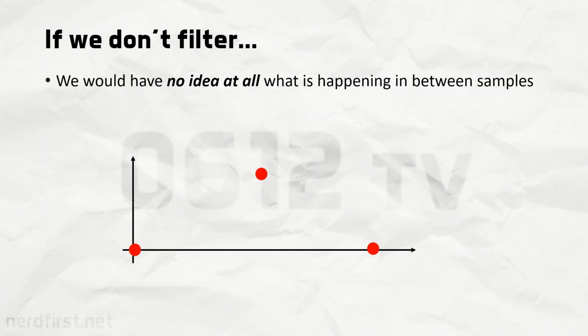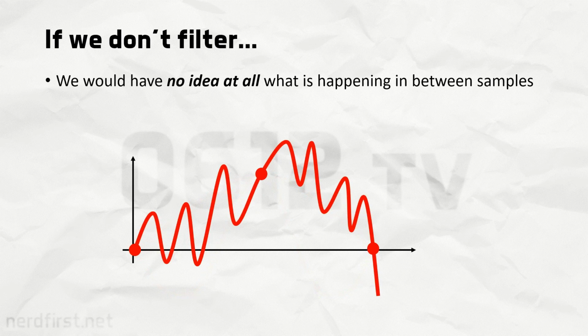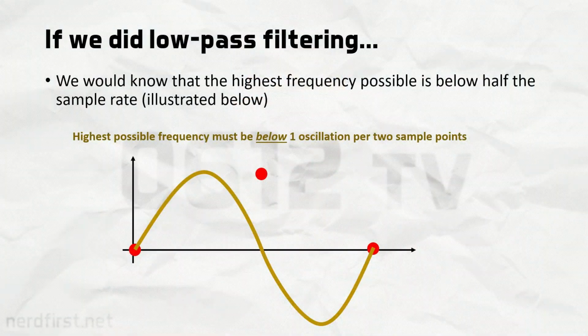Now, I would argue that our first assumption is the more important of the two. If we don't perform any kind of filtering, then we really have no idea what comes between two samples. It could be a straight line, or there could be a whole different wave in between these two samples that we did not capture. That's the nature of sampling. However, if we have performed a low-pass filter, we know that that stuff in between would have gotten discarded in the first place.